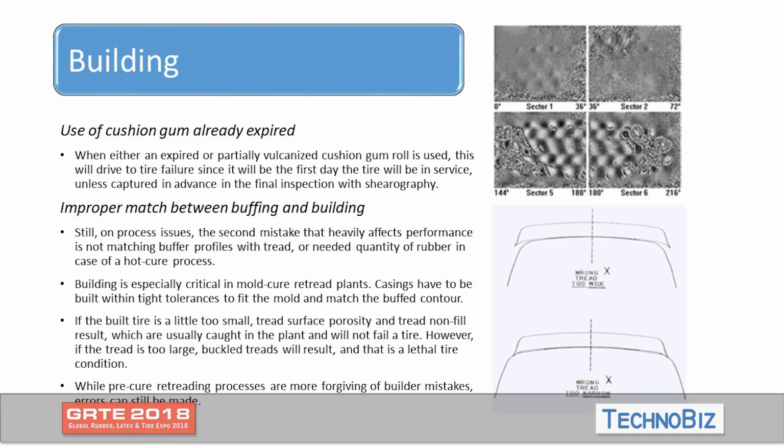In summer, if I keep the cushion gum in some part of my factory, when we have 50 degrees in the factory, the cushion gum already starts the vulcanization. And this is the result. This is a serography picture of cushion gum already expired in the process. Unfortunately, the tire was already retreaded, so it has to be reworked completely if I want to save these casings.